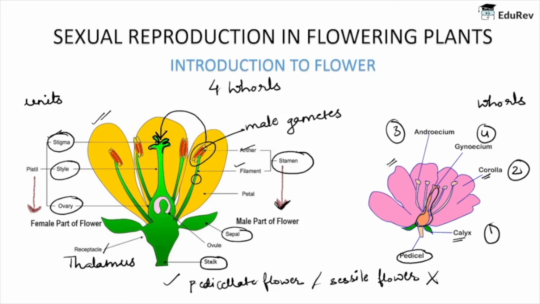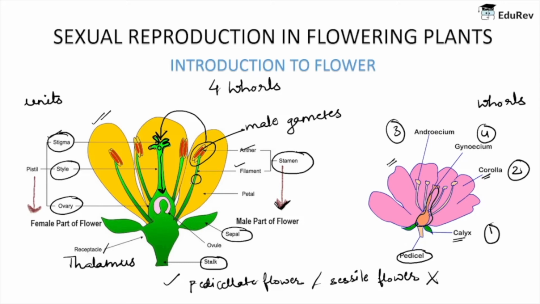Now coming to the style, which is again a stalk-like structure present just below the stigma. What is the function of the style? The pollen grains which fall on the stigma, it leads them towards the ovary, which is our third part in the pistil.